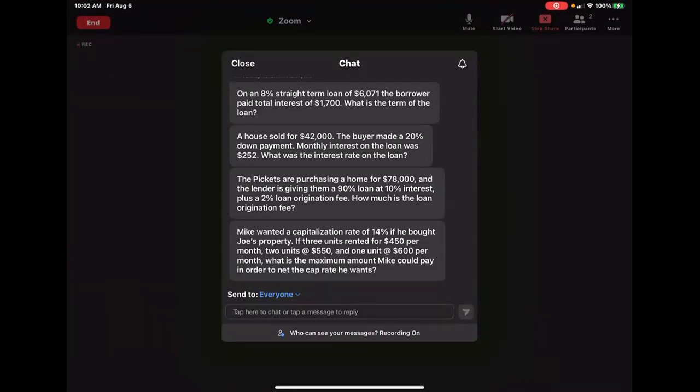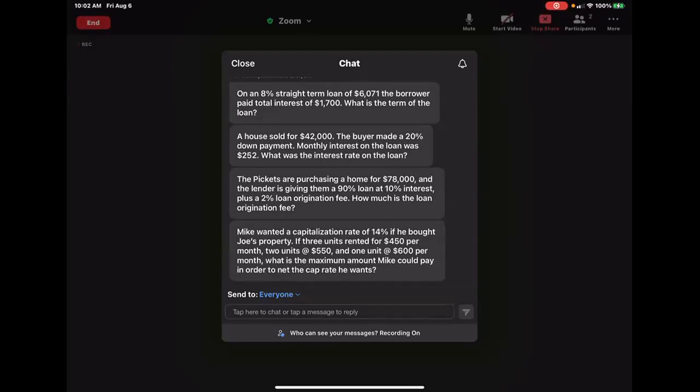Mike wanted a cap rate of 14% if he bought Joe's property. Okay, let me just write that down. That's the cap rate. And then 3 units rented for $450 per month.